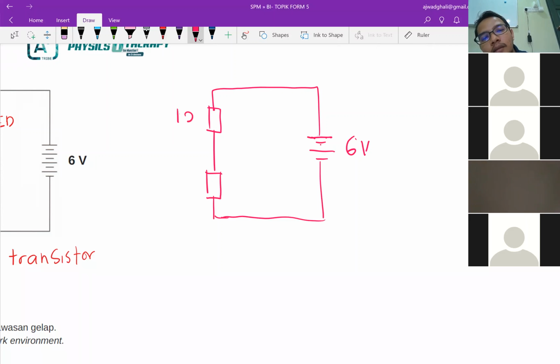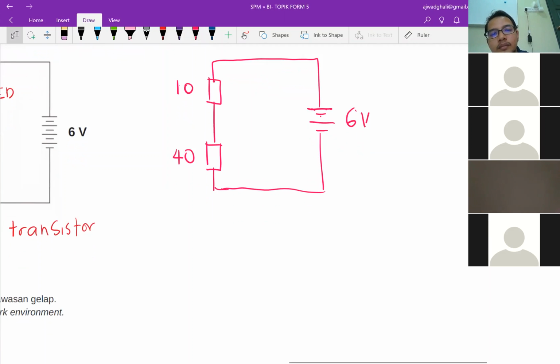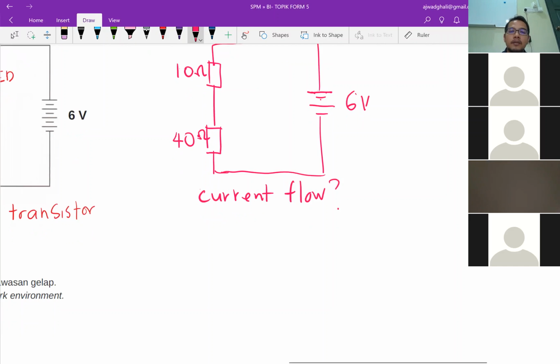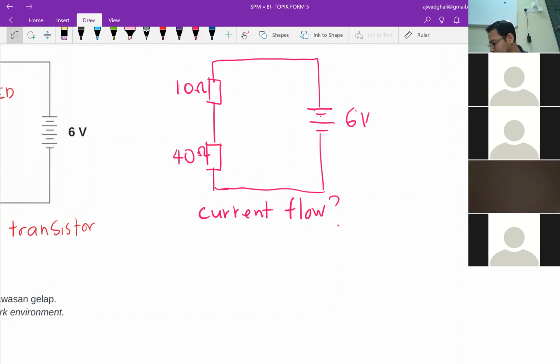I say this is 10, this is 40. This is basic electricity. My first question is, how much current flows? Try to calculate how much the current flow is.